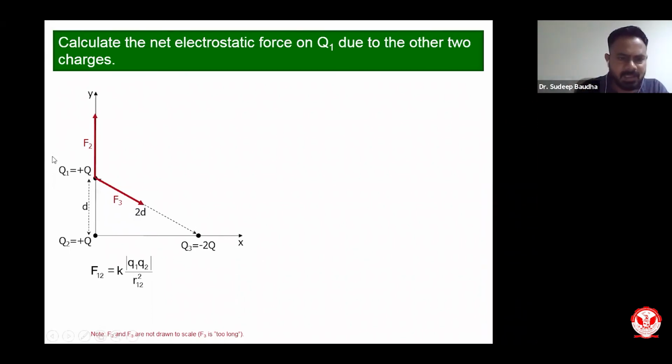As you can see, F2 will be the force due to Q2, and F3 will be the force due to Q3. What will be the net force? The net force acting on Q1 will be the vector sum of F2 and F3.